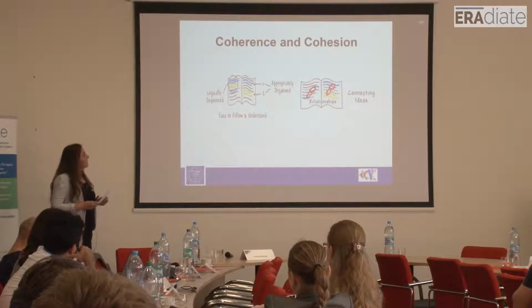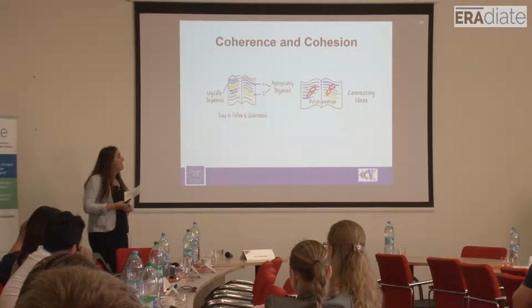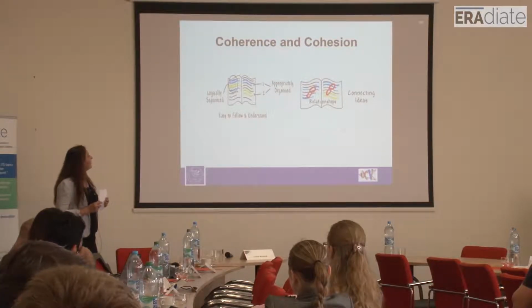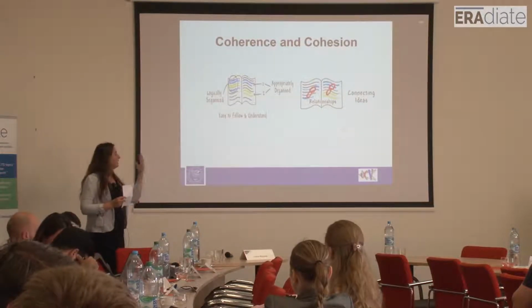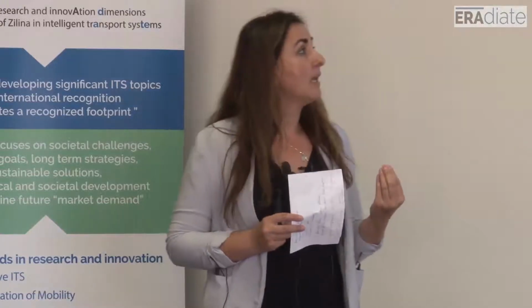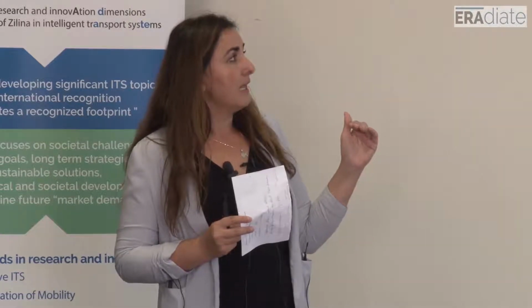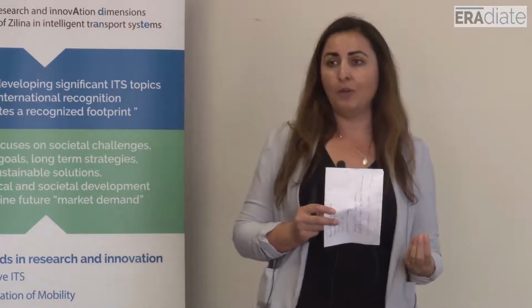Okay, so when we speak about structure of academic papers, these two terms are quite important: coherence and cohesion. The first one refers to the logical organization of your thoughts and ideas. So if the text is coherent, it is appropriately organized and easy to follow.